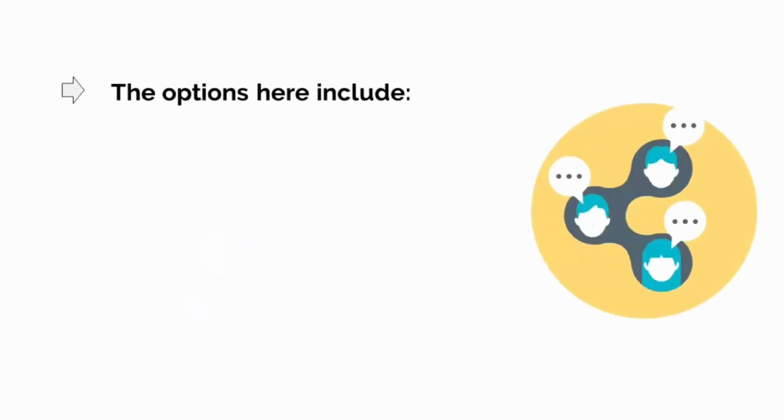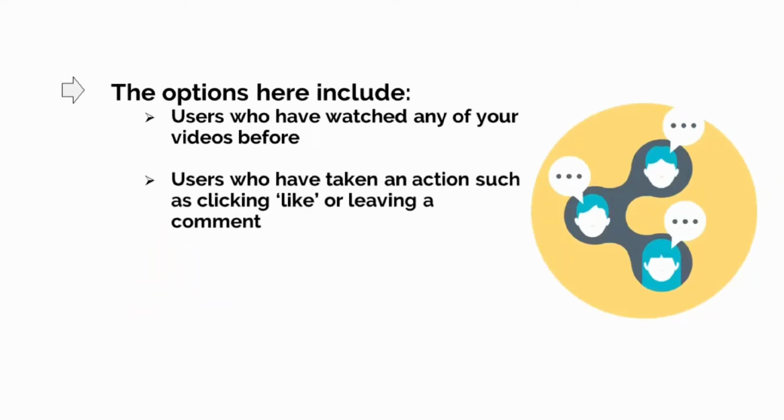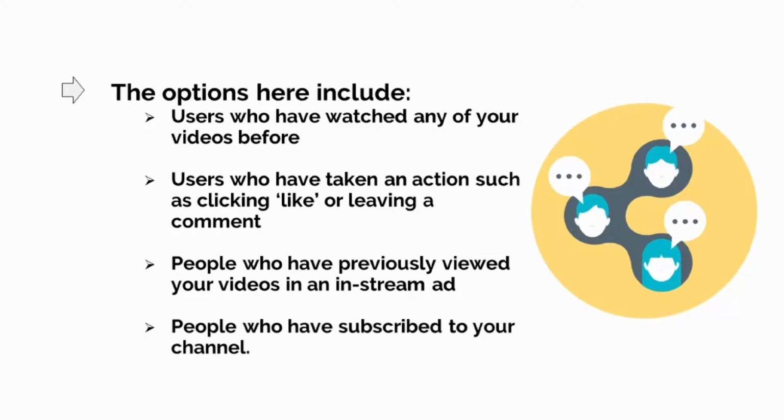The options here include users who've watched any of your videos before, users who have taken an action such as clicking like or leaving a comment, people who have previously viewed your videos in an in-stream ad, people who have subscribed to your channel. All these options are great, and again they vary in terms of their scope and how targeted they are.